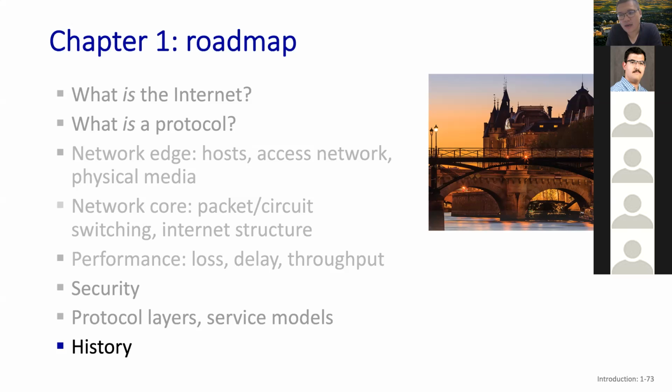Sometimes it was only used for specialized purposes, some military use case, or some special use case. But nowadays, the internet is almost everywhere. So how did people develop the internet and make it everywhere?